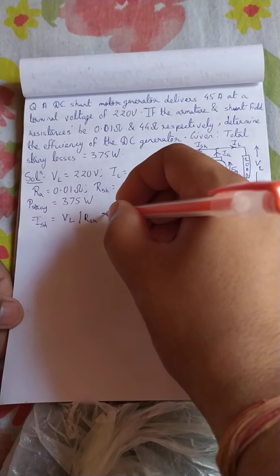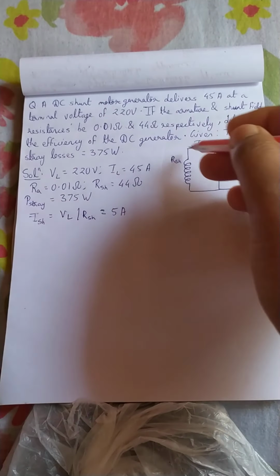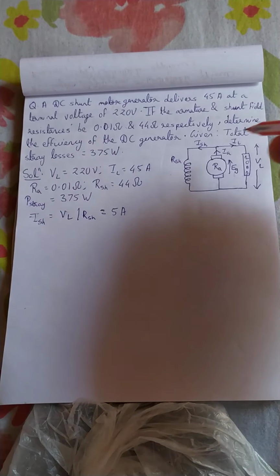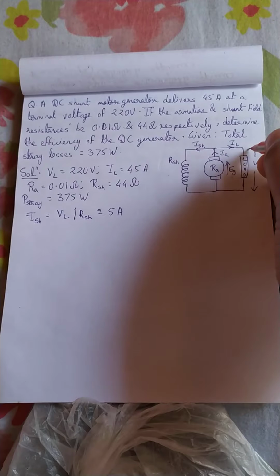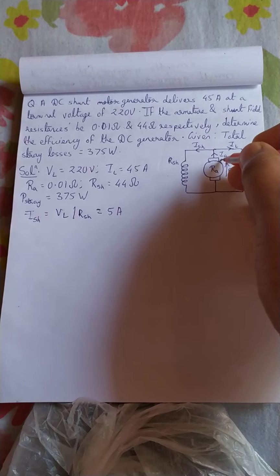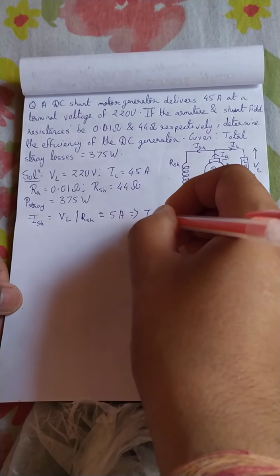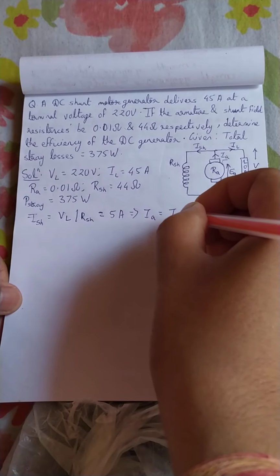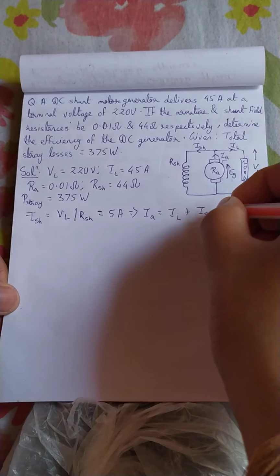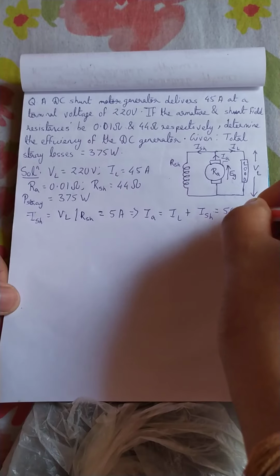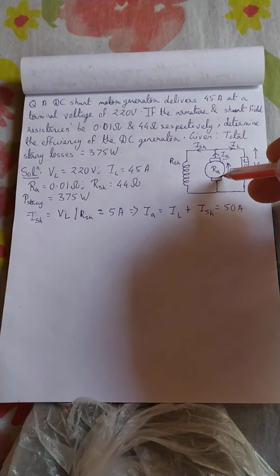So 220 by 44 comes to be 5 ampere. So 5 ampere current will be passing in this direction, IL will be passing in this direction. And what about the armature current IA? From that we can say IA will be equal to IL plus ISH, which is equal to 50 ampere. So this is the current that is actually produced by the generator.